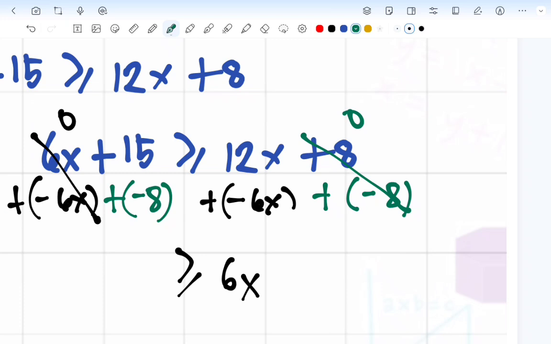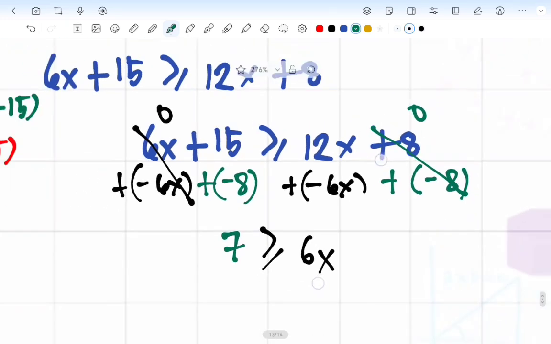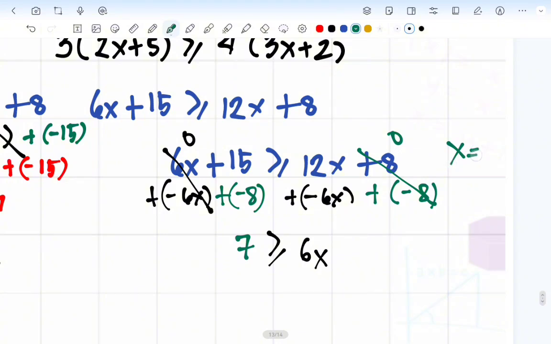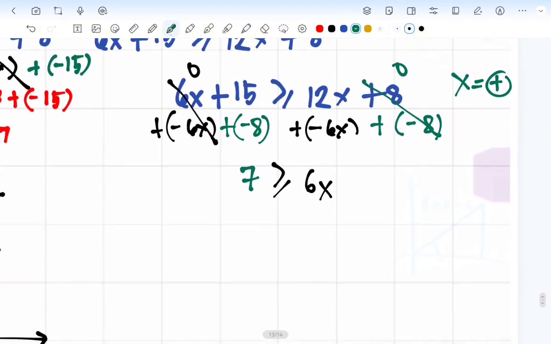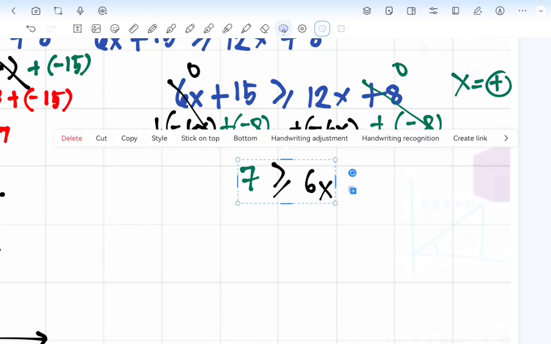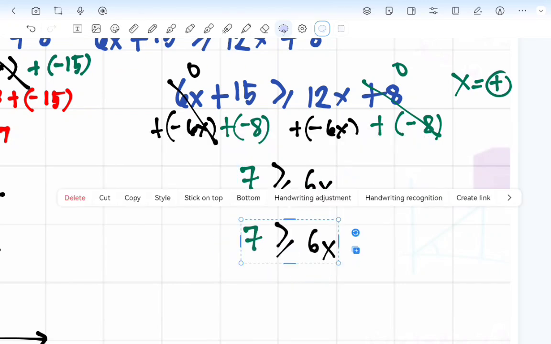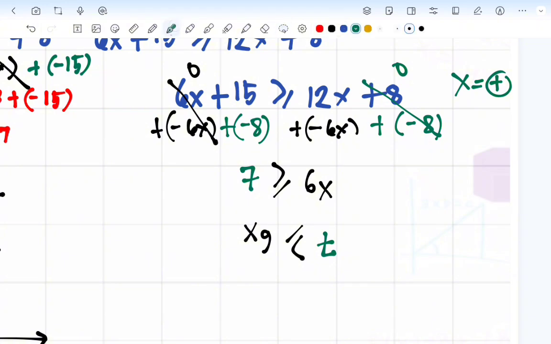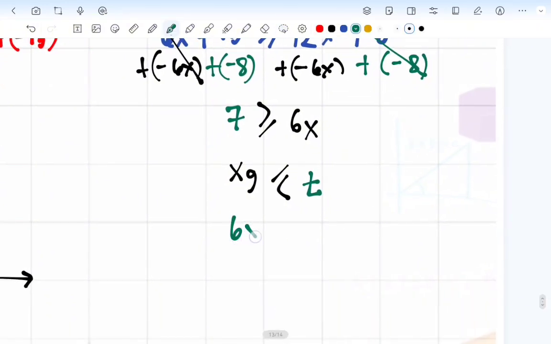And 15 minus 8 is equal to 7. As we can see, our x is positive. Now, we are just going to interchange it, and if we rewrite that properly, it will become 6x is less than or equal to 7.